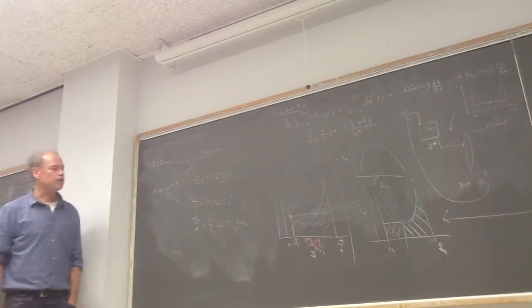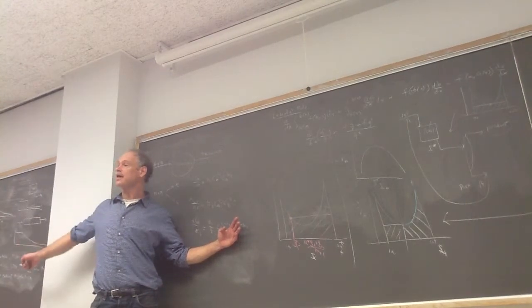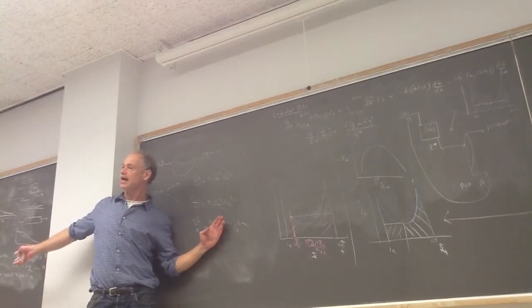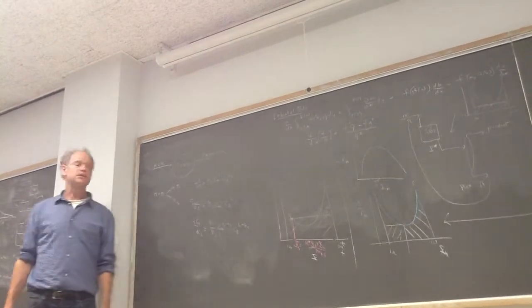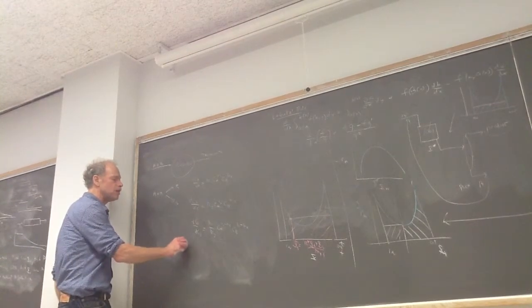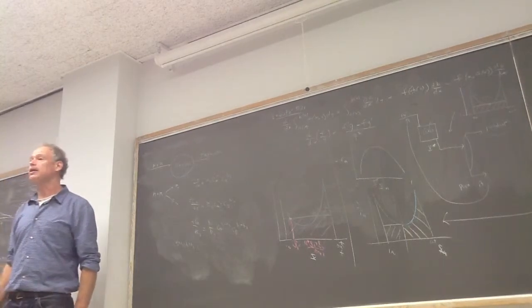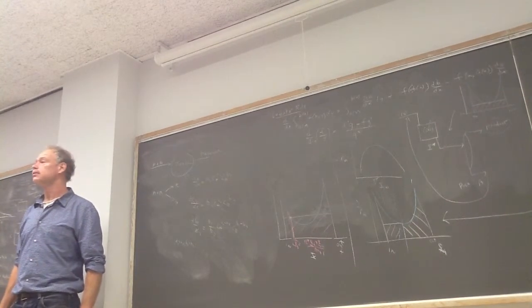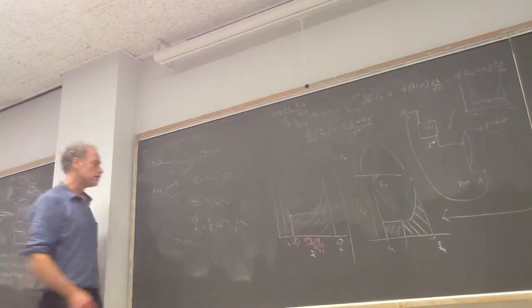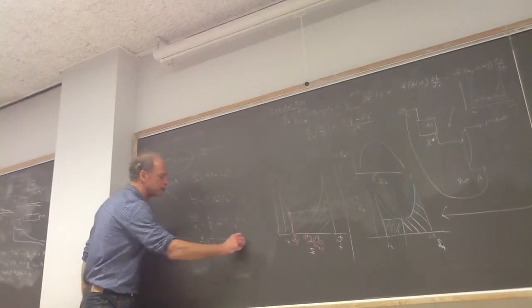So what we can see here is if I forget about B, the situation is exactly like I had before. If I forget about A, the situation is also exactly like I had before. So what happens if a1 is bigger than a2 and b1 is bigger than b2? What kind of reactor would I like in this situation? Plug. So I would like to have A and B both coming in a plug flow reactor.